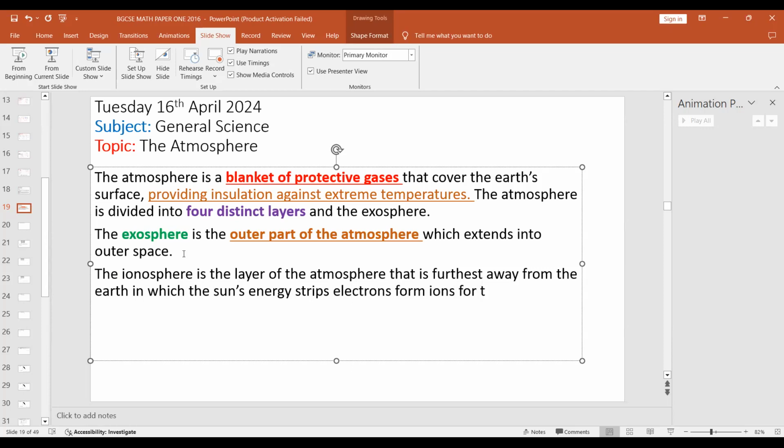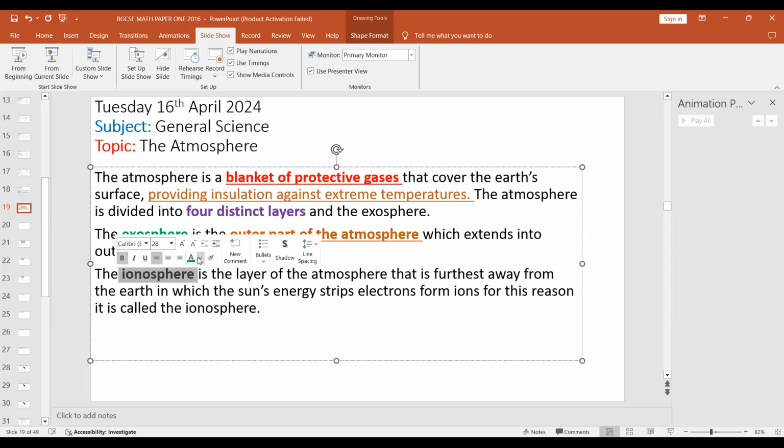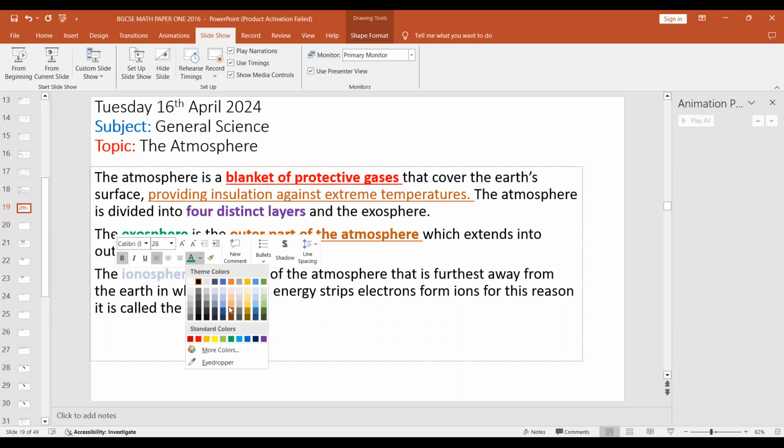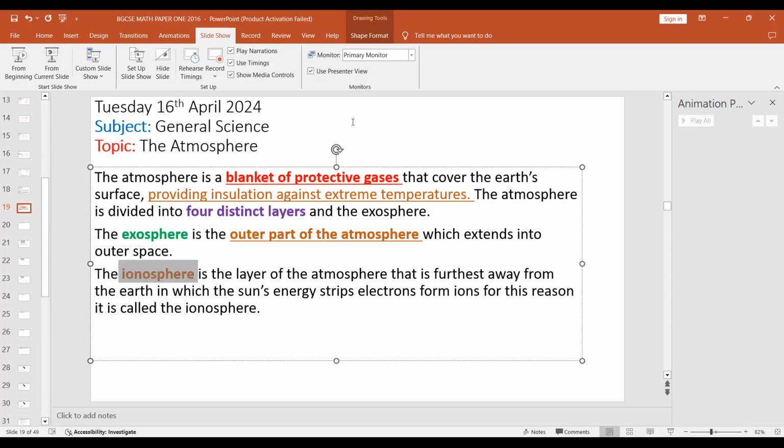For this reason, it is called the ionosphere. So basically, this is the layer where ions are made, right? That's why we call it the ionosphere, because that's where ions are made.